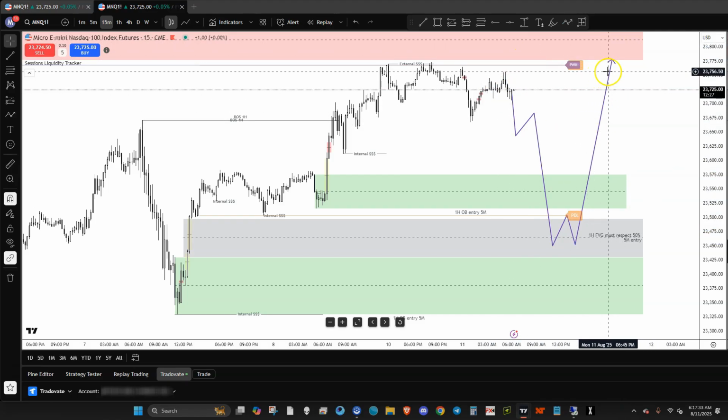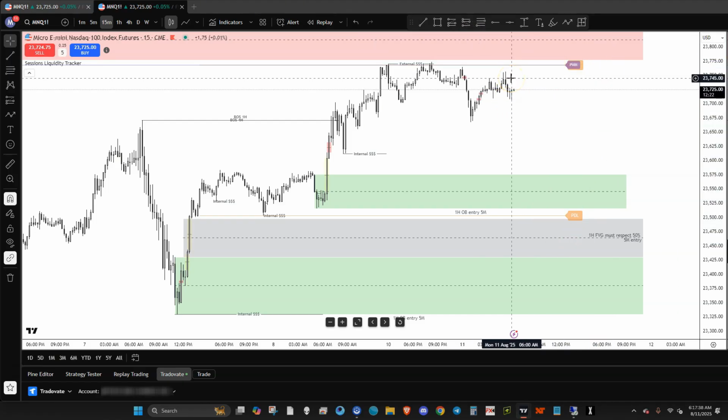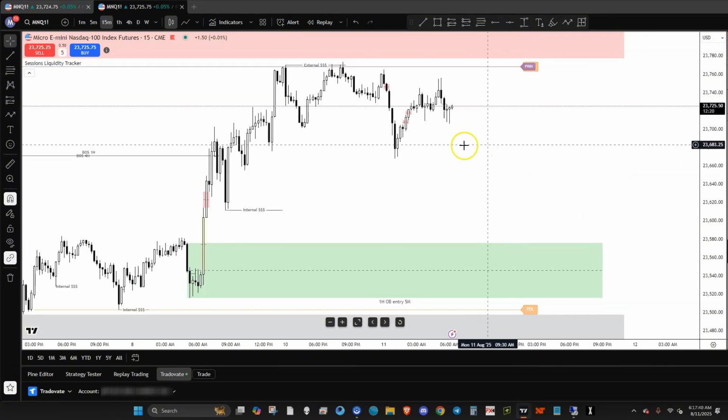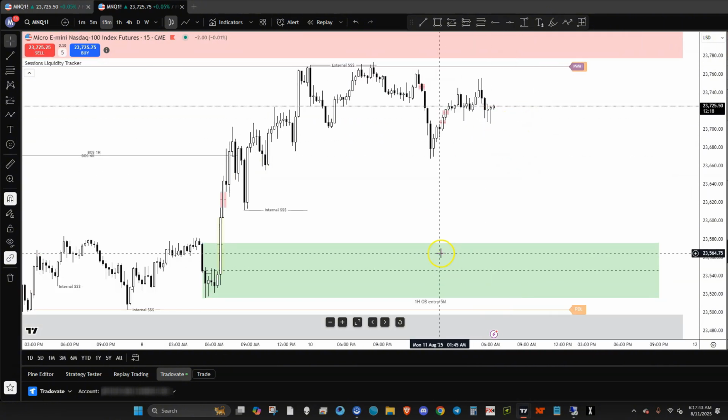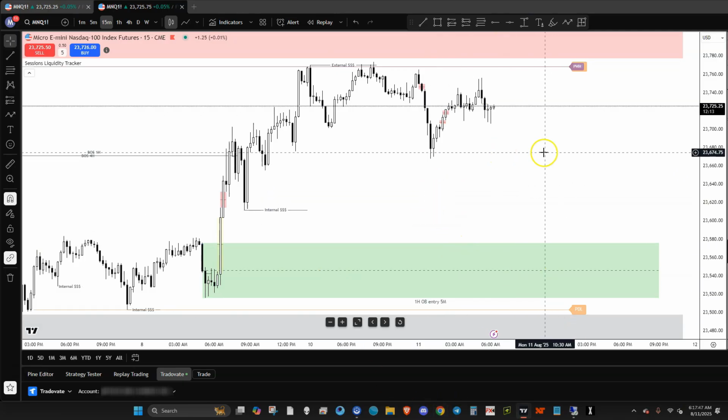So there are two trade situations. Whatever happens first, that's what we're going to trade. There's really no rush, and right now there's nothing going on. But that's what I'm waiting for.